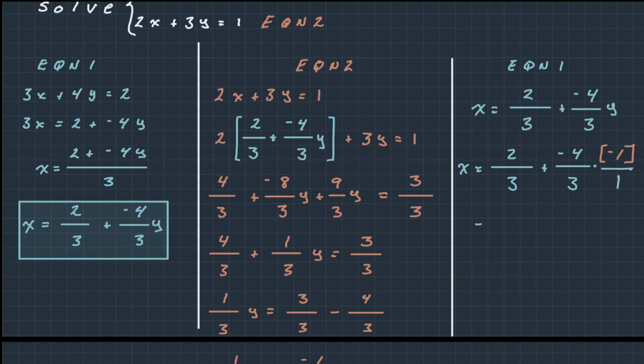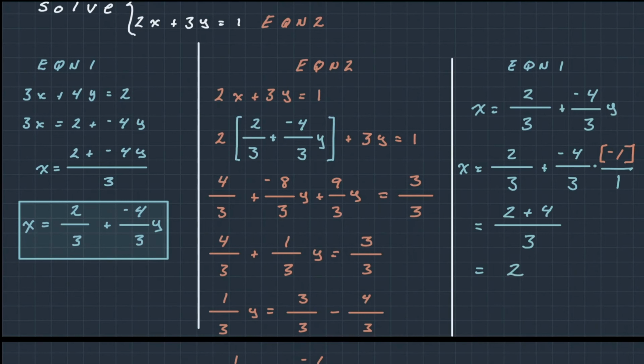I see that I now have a common denominator of 3 for these two terms, so that will leave me with 2 plus 4, because -4 times -1 gives me the product of 4, and that's all over a common denominator of 3. 2 plus 4 is 6, divided by 3 gives me an x value of 2.